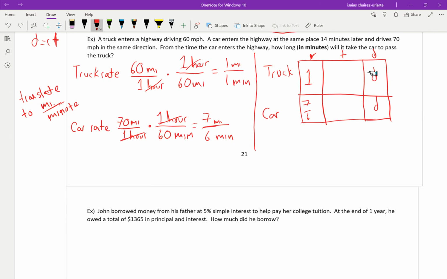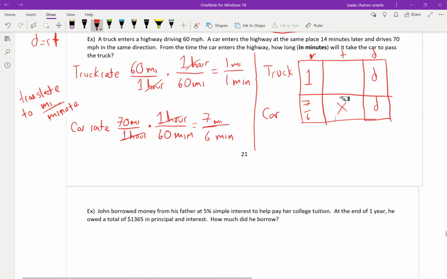Now the time gets a little bit tricky here. One way that we can set this up, and there's another way, but I'll just show you this one, is that the car will have traveled an X amount of time. That's what we're interested in. How long does it take the car to pass the truck? I have no idea.